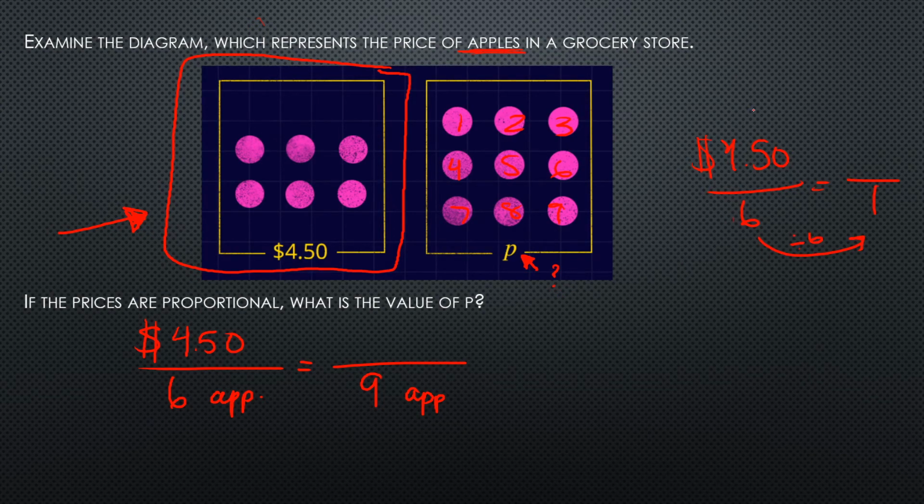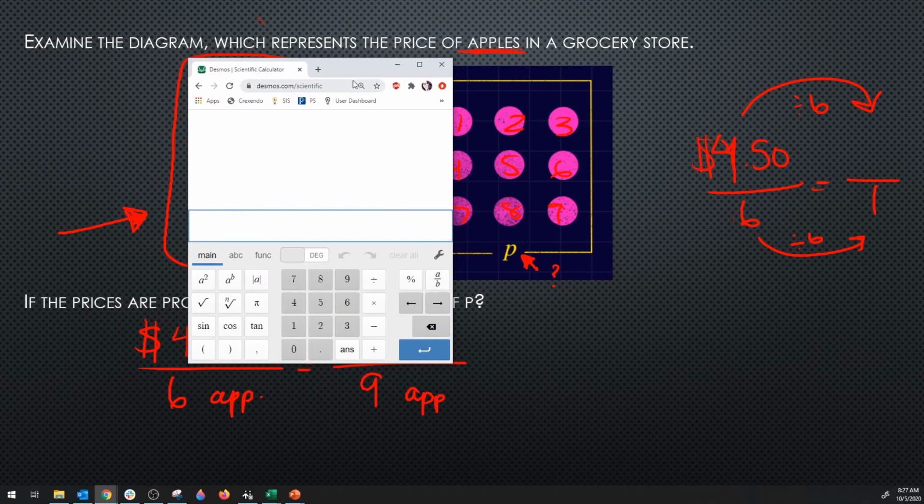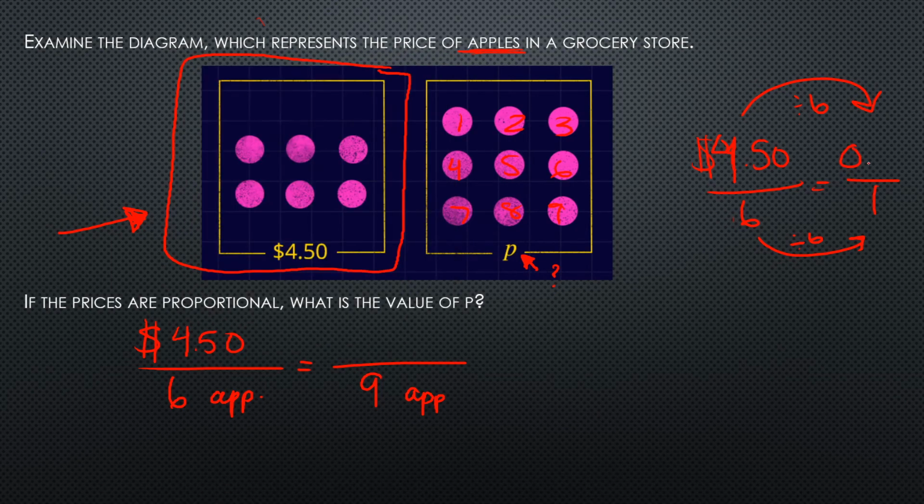So I'm going to divide by 6 on top and bottom. Sorry, my 4 looks a little weird here. There we go. Since I am dealing with decimals, I am going to type this into a calculator just to make sure I don't make any silly mistakes. So 450 divided by 6 gives me 0.75.